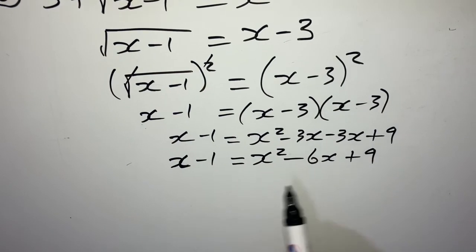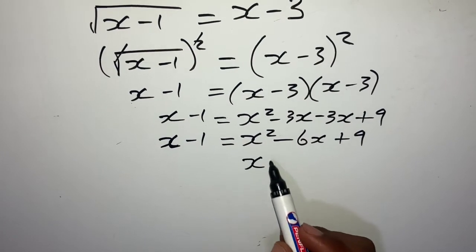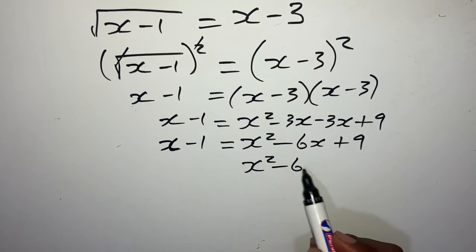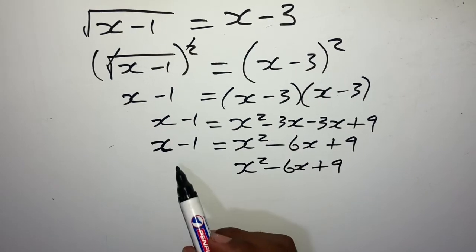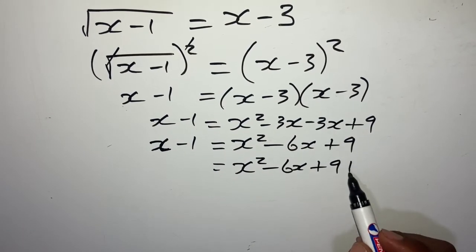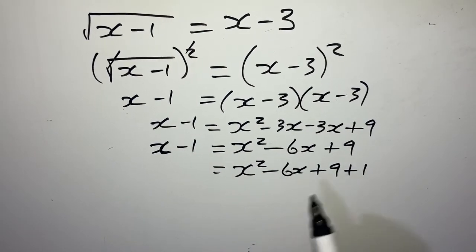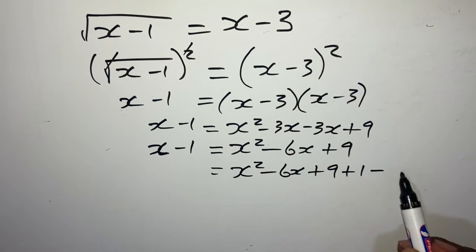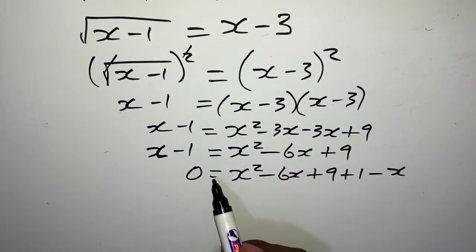We remain with x squared minus 6x plus 9. I take this to the other side, it's going to give us a plus 1. I take this x to the other side, it's going to give us a minus x. Then what remains here is a 0.